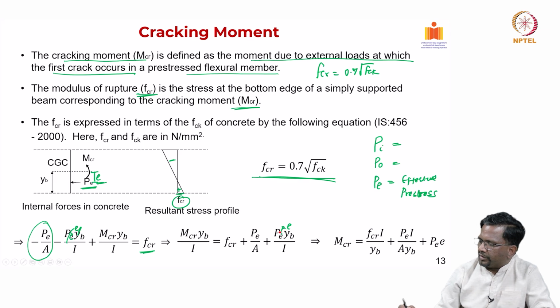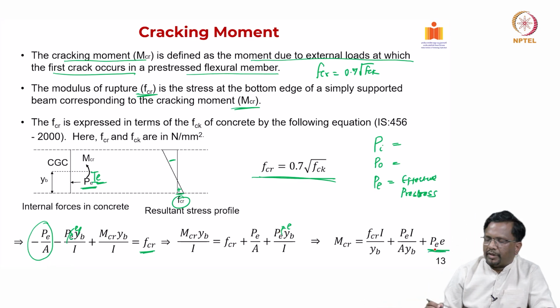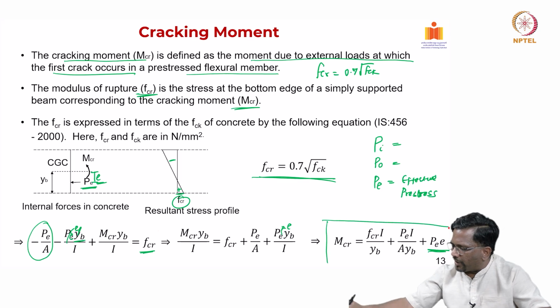The e should be here, similarly to the P here. I missed out e here, but the effective prestress multiplied by e will give me the prestressing moment, and I am calculating the stress at the bottommost fiber, so yb by I. When you simplify that, I get the expression for my cracking moment like this.